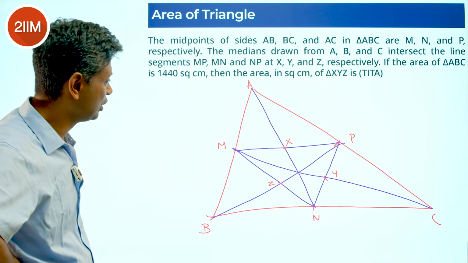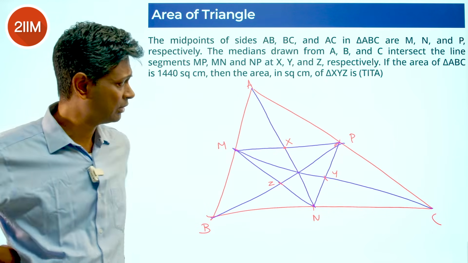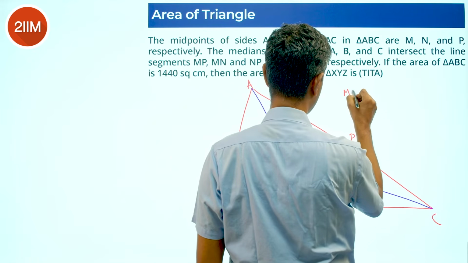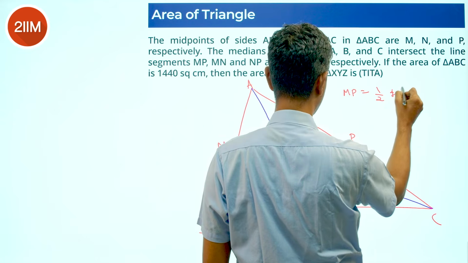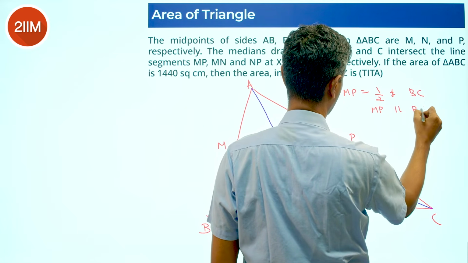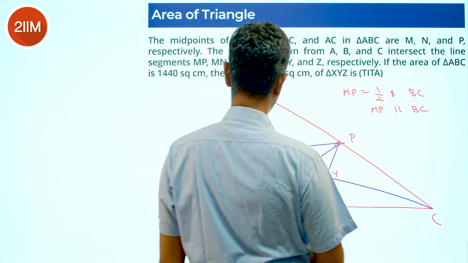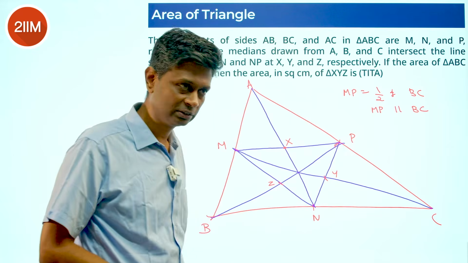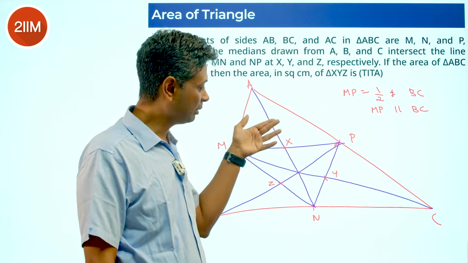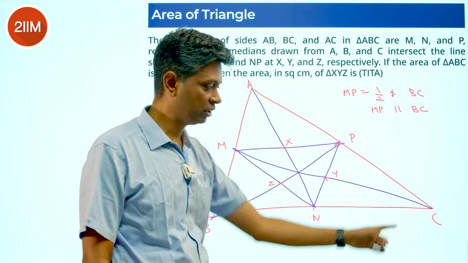Very interesting question. First of all, area of triangle MNP will be 1/4 of area of triangle ABC. What do we know here? We know MP is equal to half of BC, MP parallel to BC. Midpoint theorem, ratio of the sides is 1/2. This should be parallel to this. Triangle AMP is similar to triangle ABC.